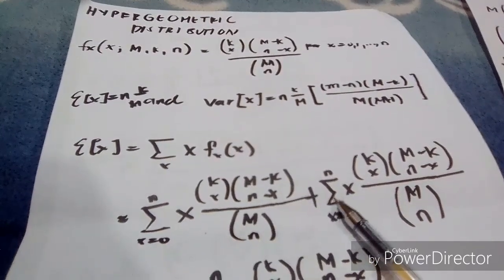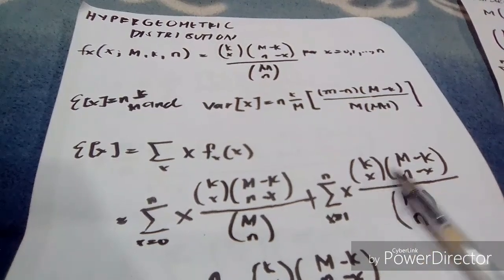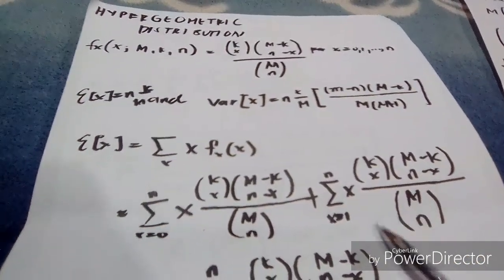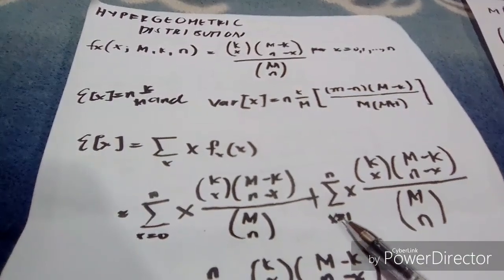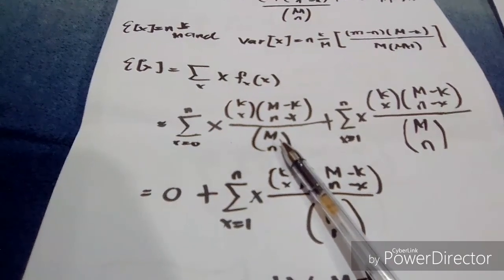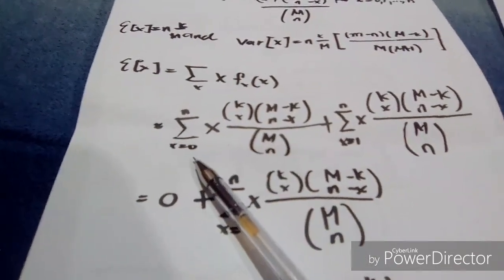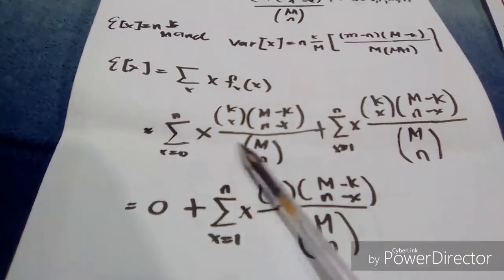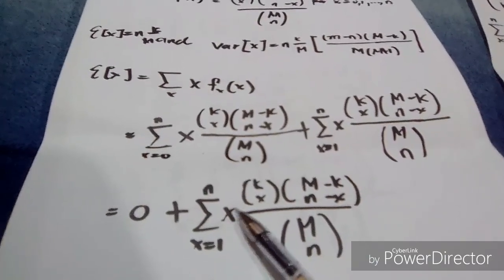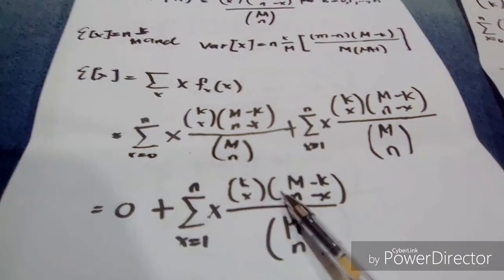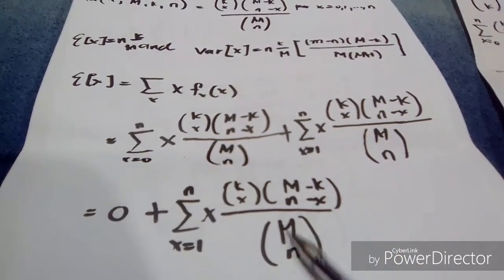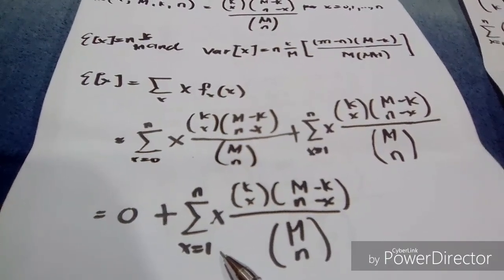This is also the summation from x equal to 1 up to n, since the term for x equal to 0 becomes 0 when substituted to x. So we have 0 plus the summation of x multiplied by K taken x multiplied by M minus K taken n minus x divided by M taken n, where x ranges from 1 up to n.